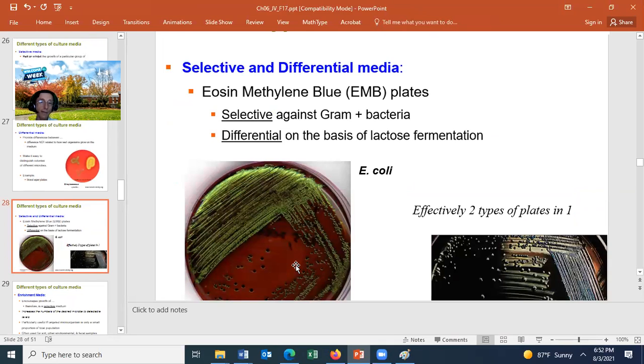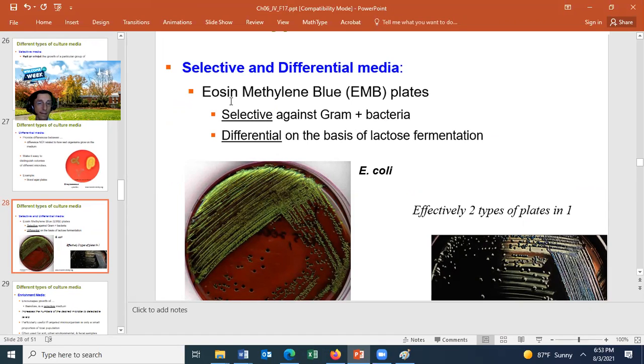There's also selective and differential media. It is both selective and differential. Eosine methylene blue, or EMB plates, are an example. It is selective because it selects against gram-positive bacteria.